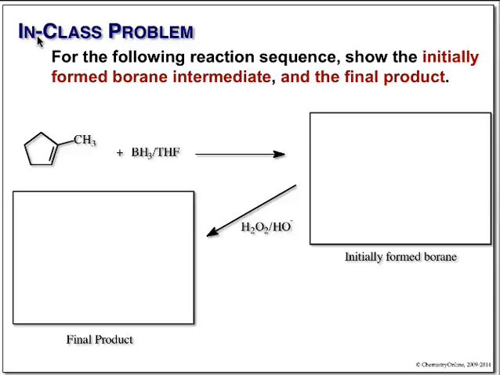And they will be on the same side. Therefore, our intermediate would look like this. Boron on the secondary carbon, hydrogen on the same side of the molecule, but here on the tertiary carbon.